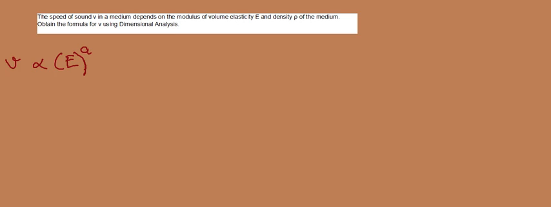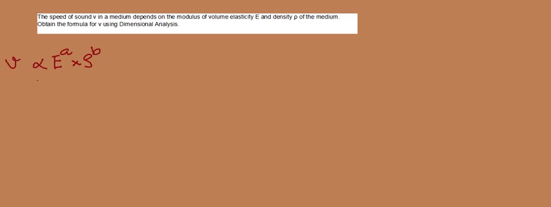Let me just rewrite this again. So v is proportional to E raised to the power a, and density of the medium, density raised to the power b. So we have this relationship, and we are expected to find out the values of a and b over here.